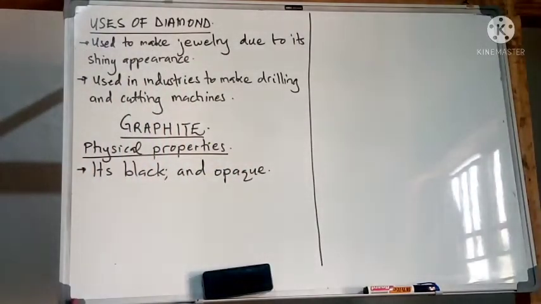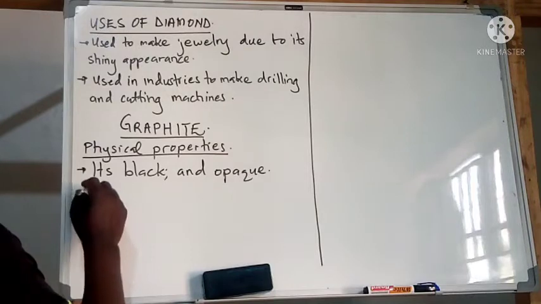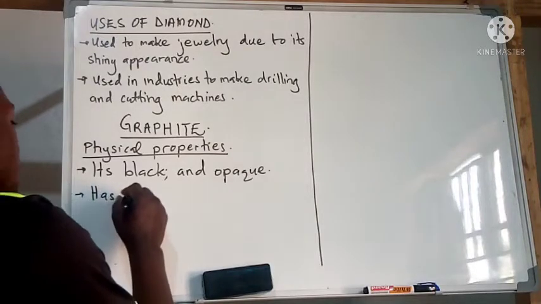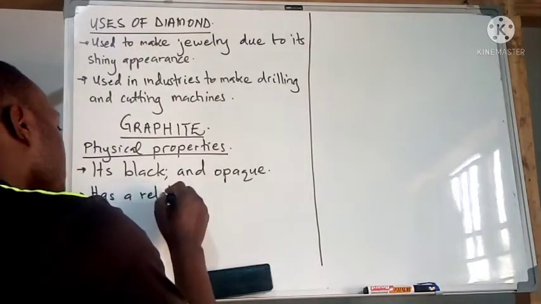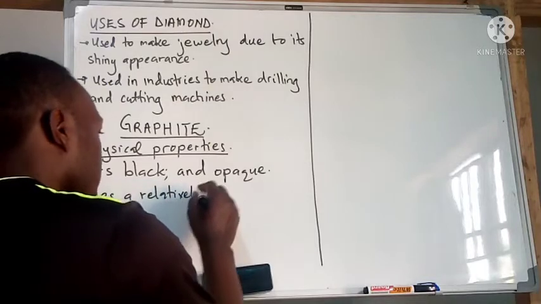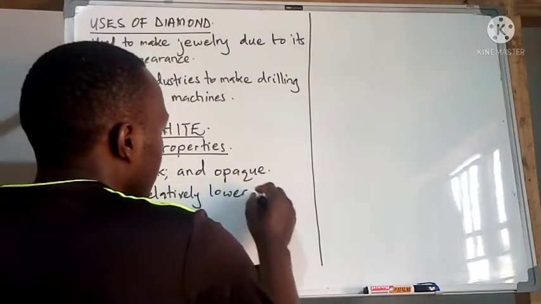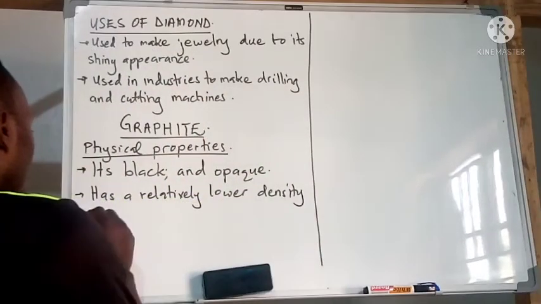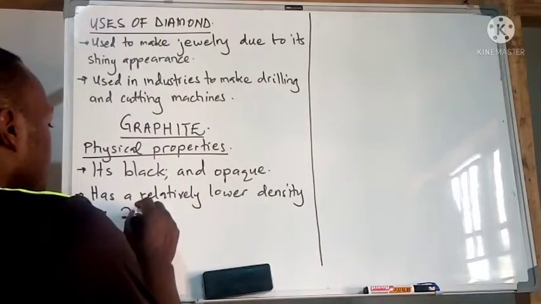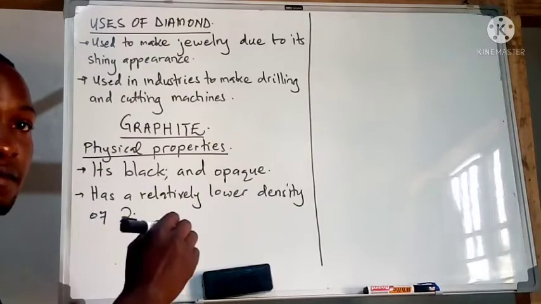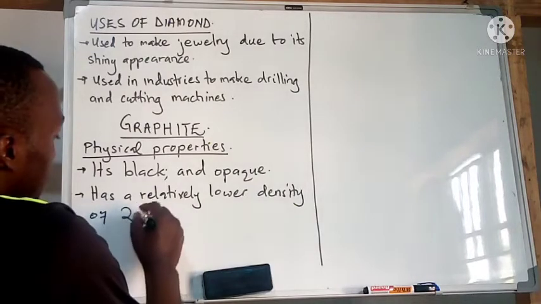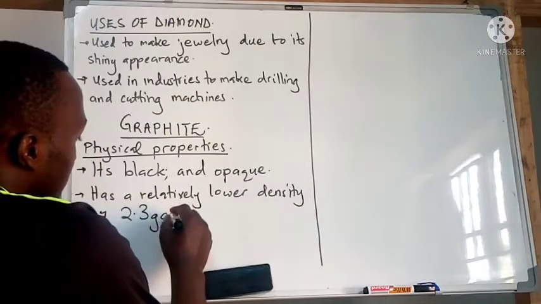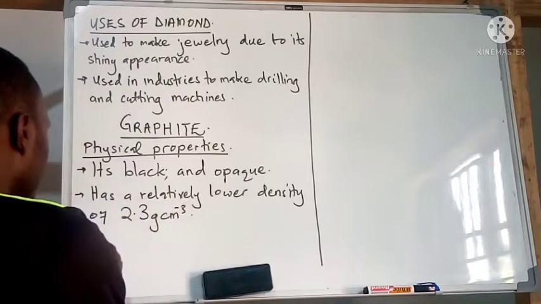It has a relatively lower density of about 2.3 grams per cubic centimeter.